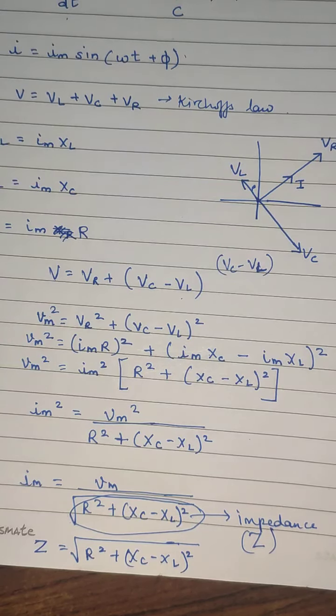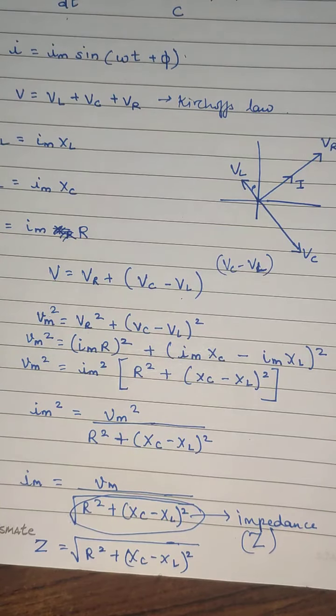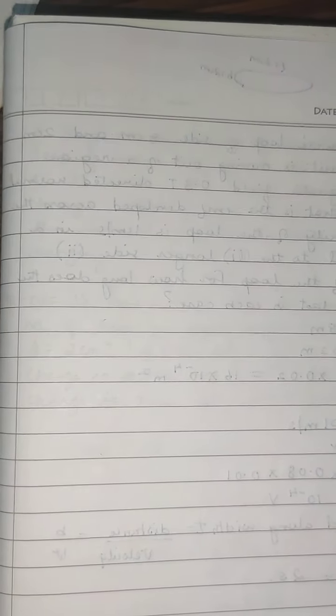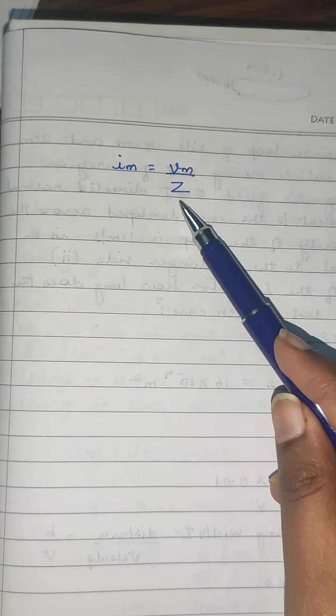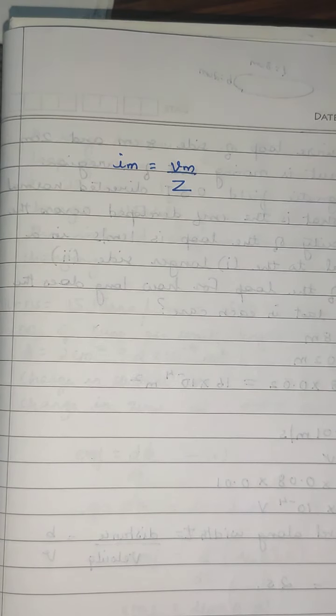It has a special name, impedance, denoted as Z. So the equation that we had, Im is equal to Vm upon the root of R square plus XC minus XL the whole square, will reduce to Im is equal to Vm upon Z, where Z is equal to the root of R square plus XC minus XL the whole square.